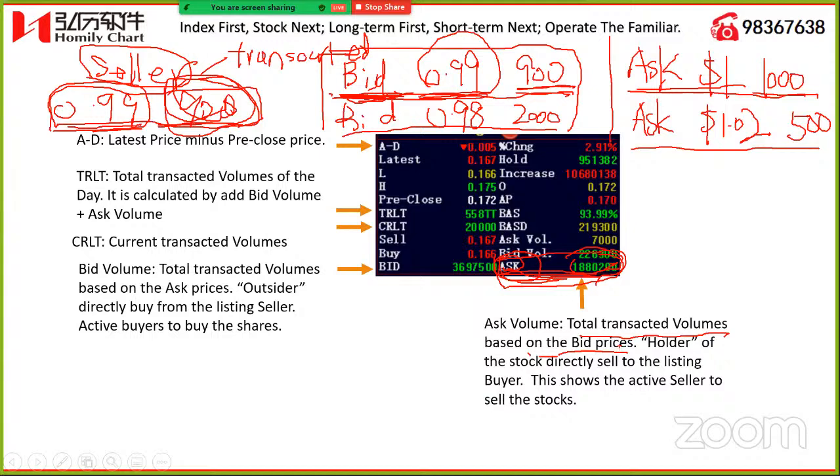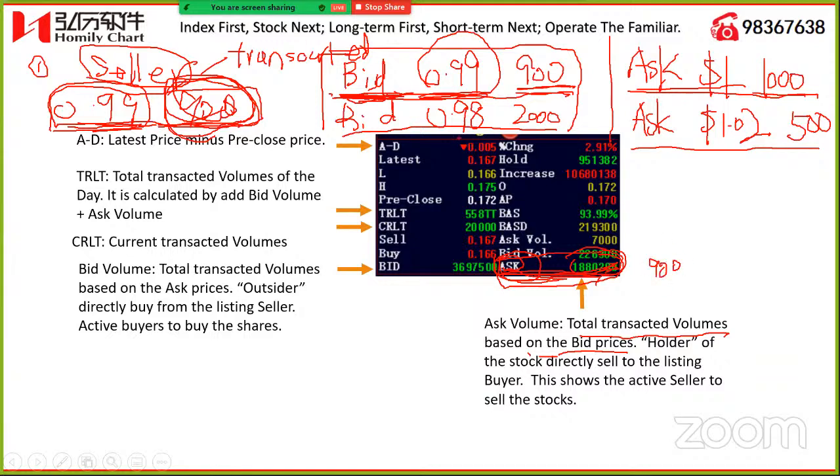So it will accumulate all the active sellers' transacted volume. Okay, so this is trade one. The trade one seller sells at 0.99 for 900 shares, so ask volume increased by 900.